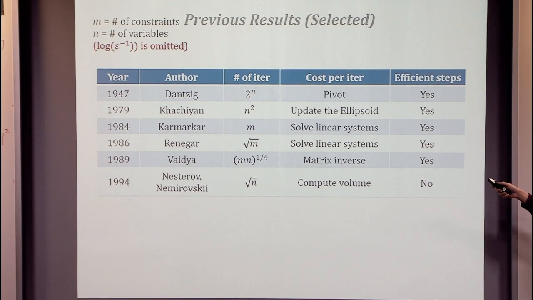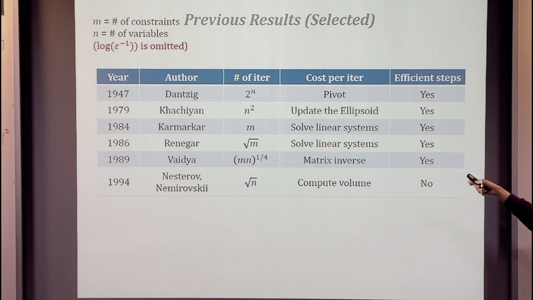The second result, by Khachiyan, is the ellipsoid method. This is the first polynomial time algorithm for LP. Then this method is by Karmarkar. That is the first interior point method. It takes m iterations, and it improves to square root of m.